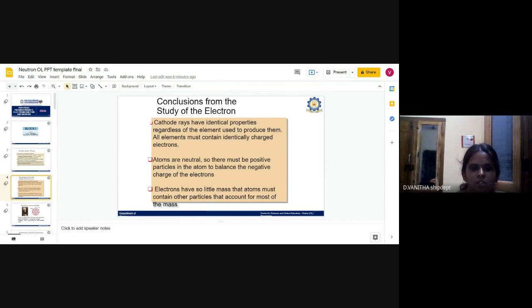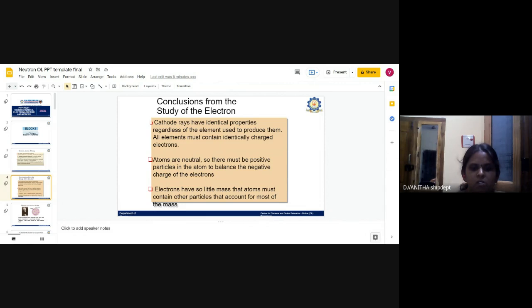Here, the atoms are neutral, so they must have positively charged particles and negatively charged electrons, both balanced with each other.